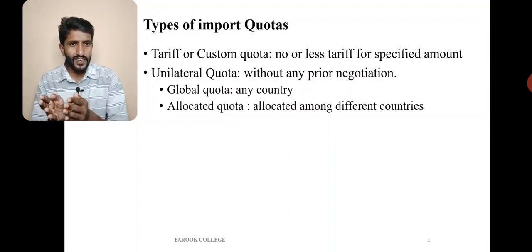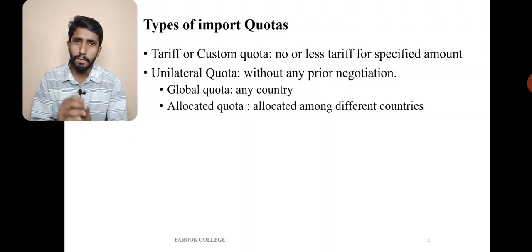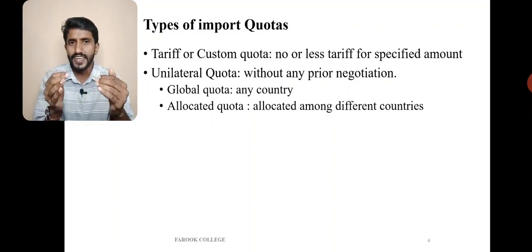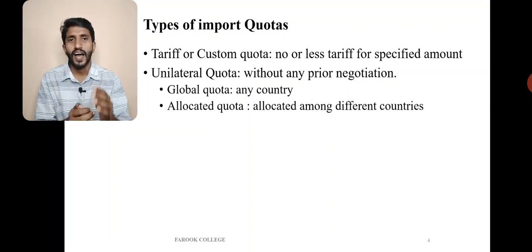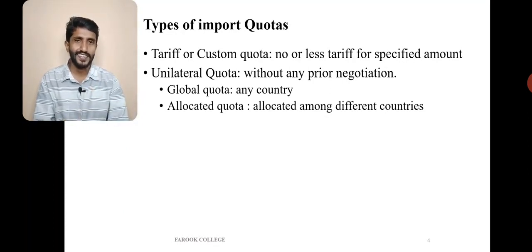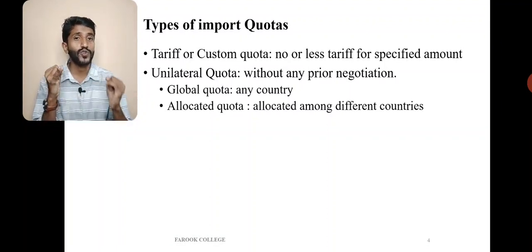It means that there is no tariff, or a lower tariff, for a specified amount. I mean, the tariff is applied for a specified amount, but if the country exceeds that specified amount, a high tariff can be imposed on those products. So both are applied here. Tariff is applied and also quota is applied.